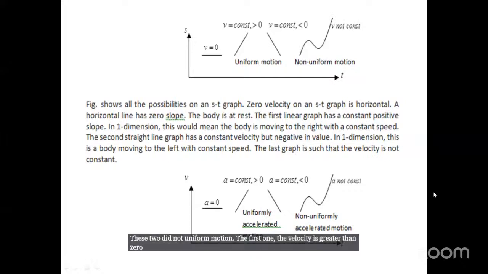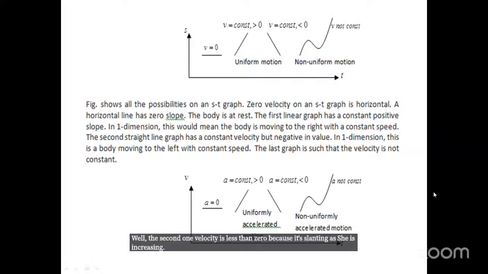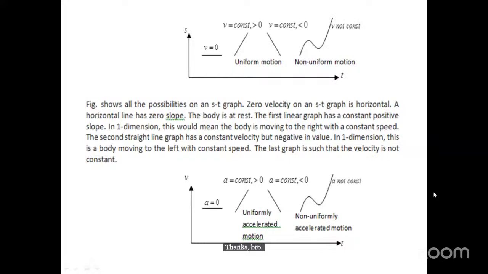That's why the graph is slanting positively to the right as t increases. So velocity is greater than 0. For the second one, the velocity is less than 0 because s is reducing as t is increasing. And then the final diagram there is for non-uniform motion. You can see the slope is not constant because velocity is not constant.